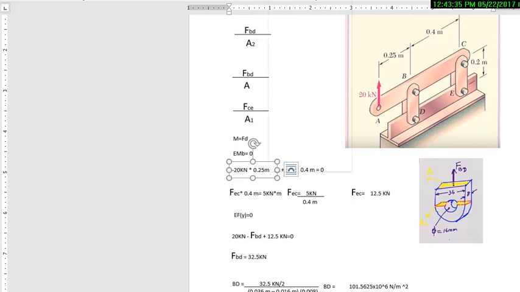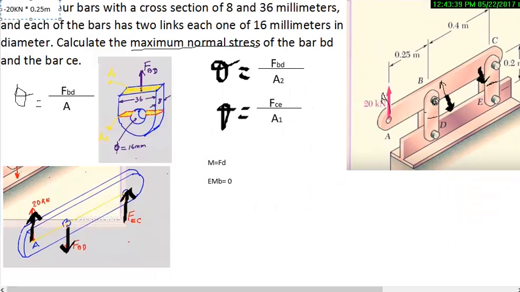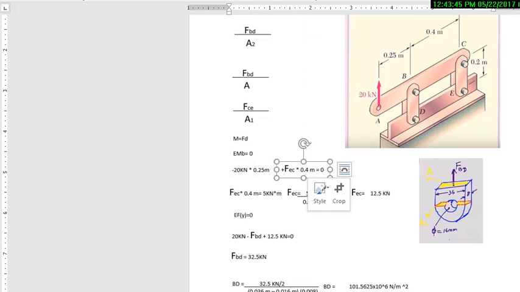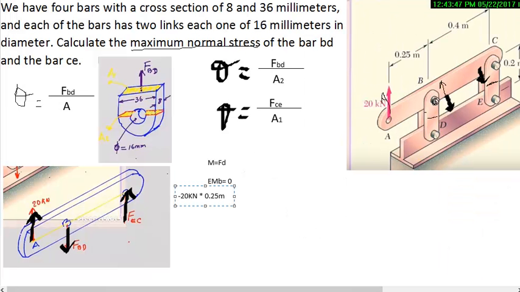Now we must make the sum of moments around B equal to 0. This will be 20 kilonewtons times 0.25 meters. This rotation is negative because the rotation is counterclockwise.